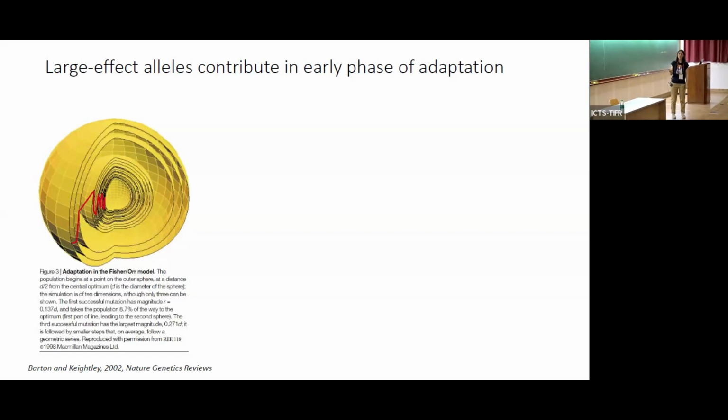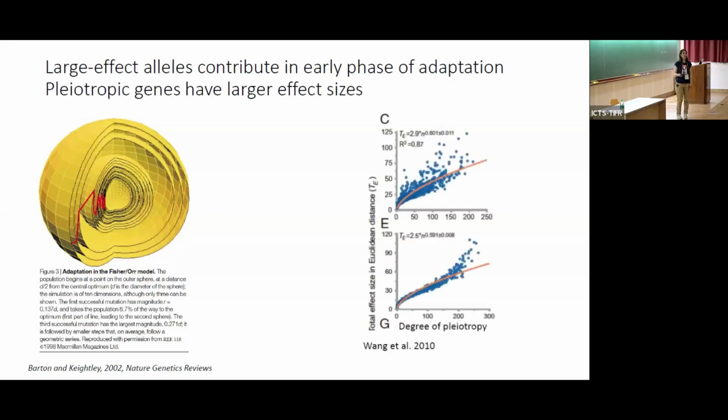Basically what Fisher and Orr talked about, and also what I think Sam talked about extensively yesterday. But in this data set, we do not really have the fitness effects. What we could do is use a measure of pleiotropy as a proxy of effect size. And this is what Sam also talked about yesterday.